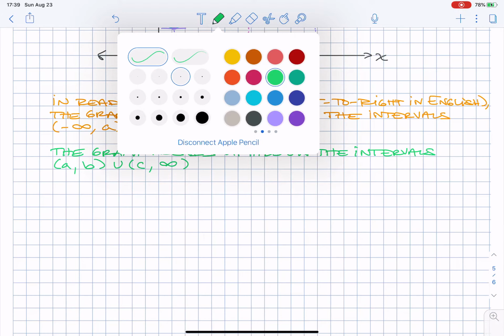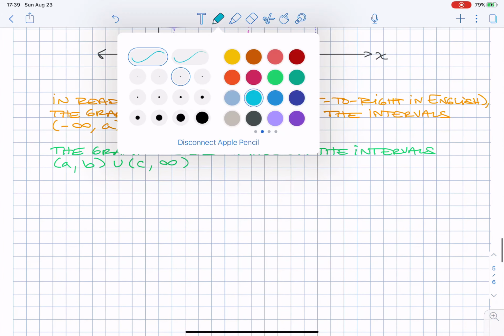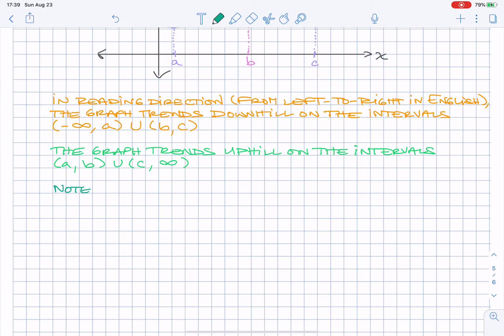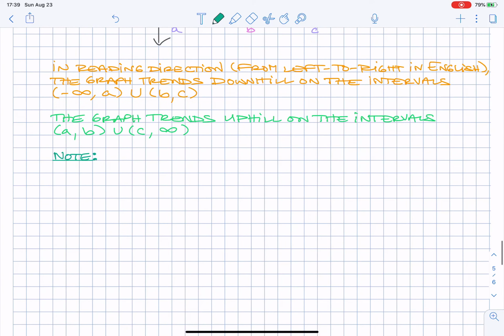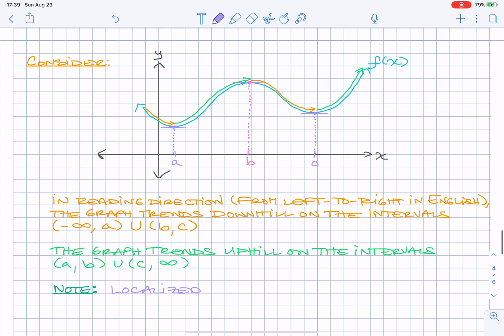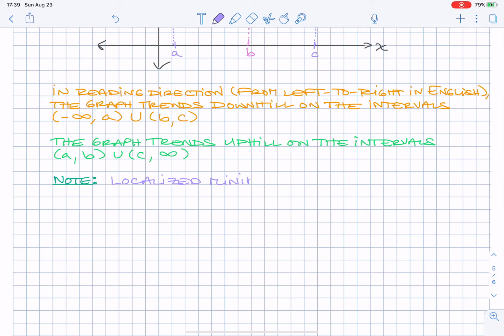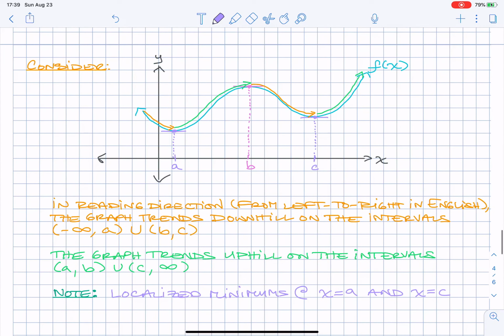So let's note what happens at A, B, and C. So note, there's a localized minimum at x equals A and x equals B. Sorry, x equals C. If I look at just a region of radius delta on either side of these values of x, do you agree that in that little region, C is a minimum?